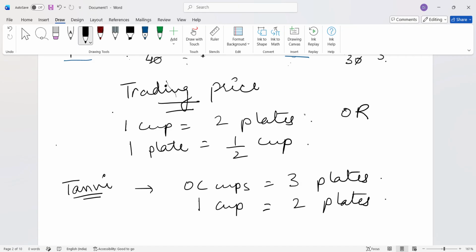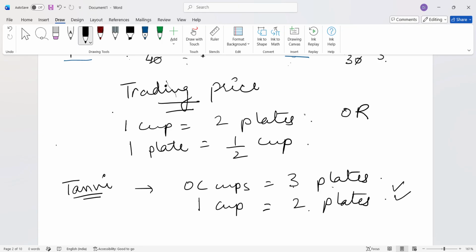That's the trading price I've taken, right? So obviously she benefits. At home, she'll be sacrificing 3 plates, but if she's trading, she only has to give 2 plates for 1 cup. So yes, Tanvi benefits.